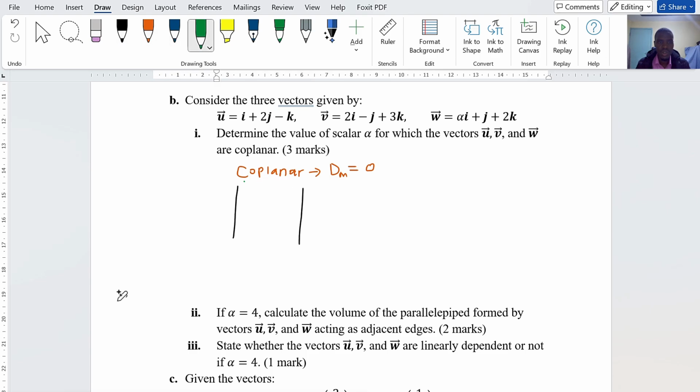On the first row, we have vector u, which has values 1, then 2, then -1. On the second row, we have vector v, which has values 2, -1 for j, and 3. On the third row, we have vector w, which has alpha, then 1, and then 2. Now I use straight lines to show determinant.